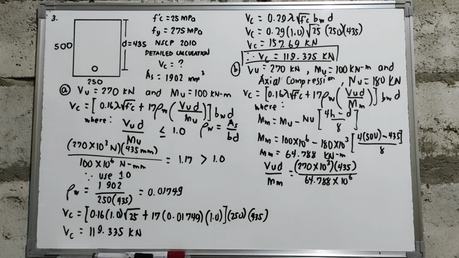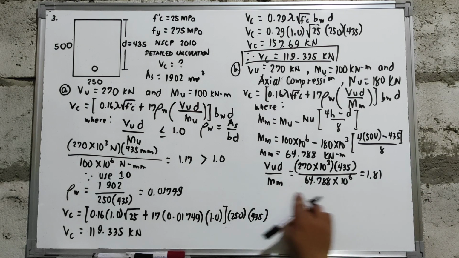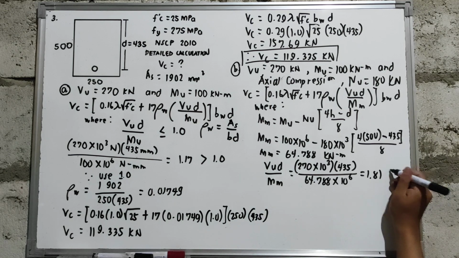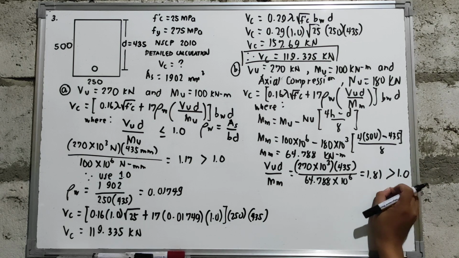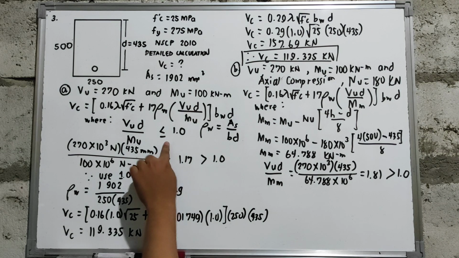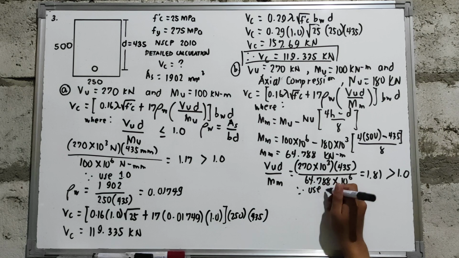So we will have a ratio of 1.81. So etong ratio natin dito, kapag meron tayong axial, pwede yang mag-greater than into 1.0. Okay. So, meron lang tayong restriction na 1.0 kapag without axial tayo. So, therefore, we are going to use 1.81.